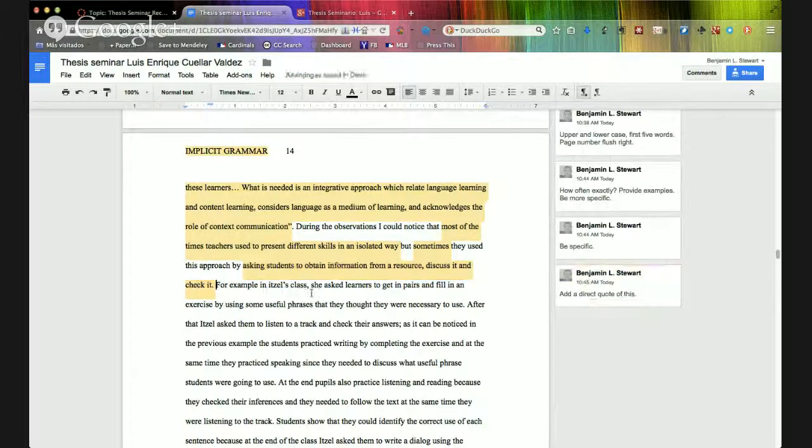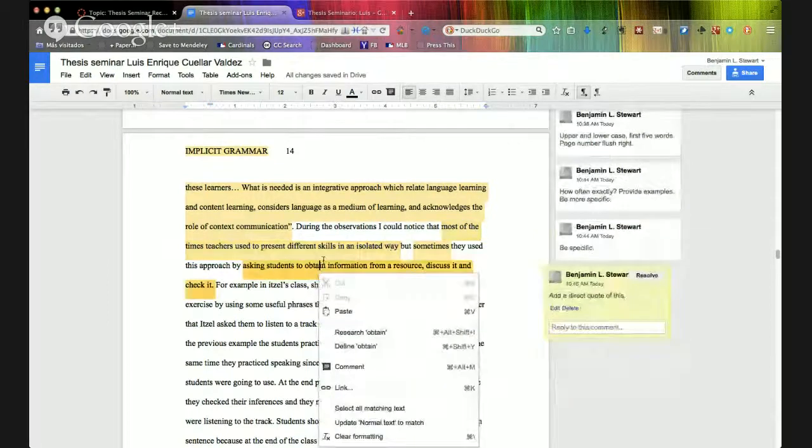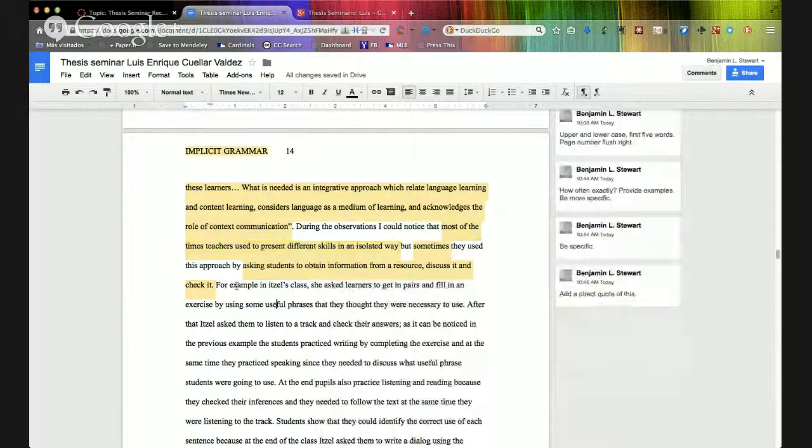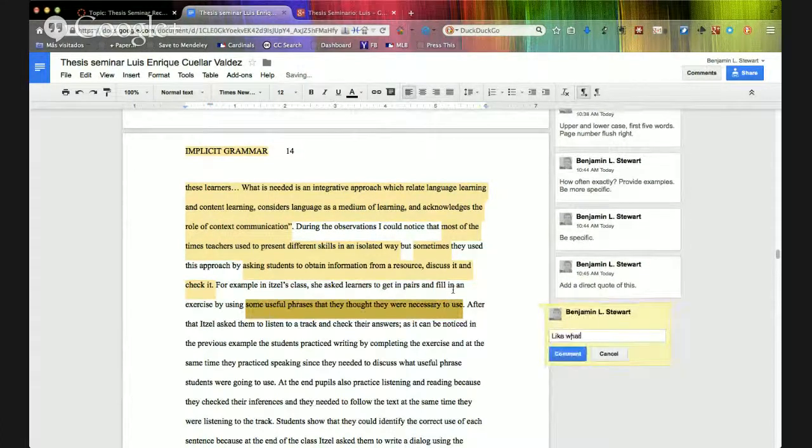For example, see, this should be the example up here. These are all examples. Then in a sales class, she asks learners to get in pairs and fill in an exercise by using some phrases that they thought, okay, useful phrase, like what? Like what phrases, right?